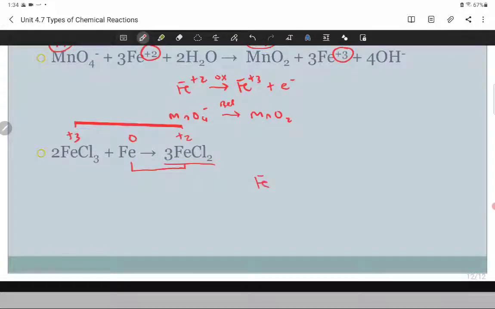So it doesn't really matter which one we write first. To balance that, let's put an electron there. So that's reduction. And then the other one is iron 0 going to iron +2. And I think we're going to need 2 electrons there. Okay.